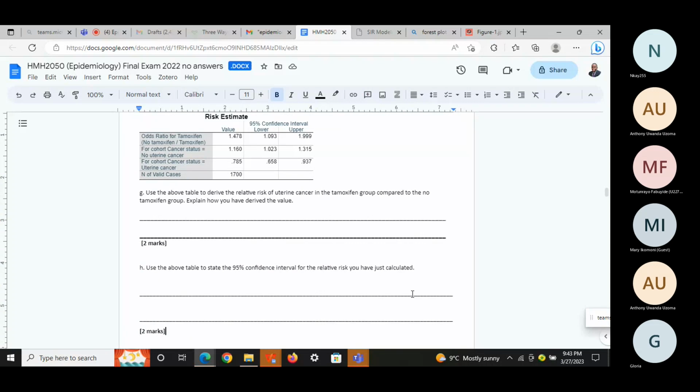So we have answered almost everything. So he said use the table to state the confidence interval. So the 95% confidence interval is 1.093 to 1.999. That's the answer.